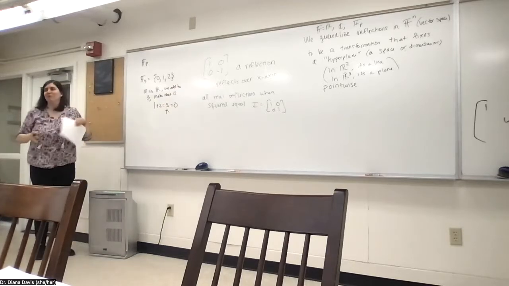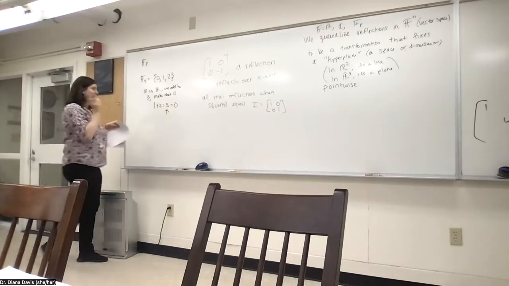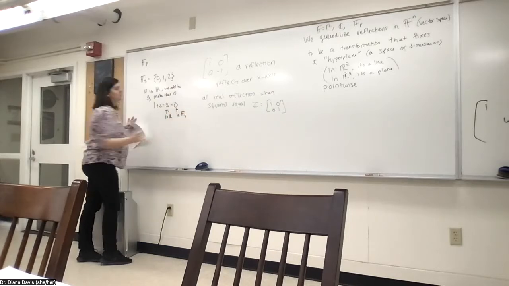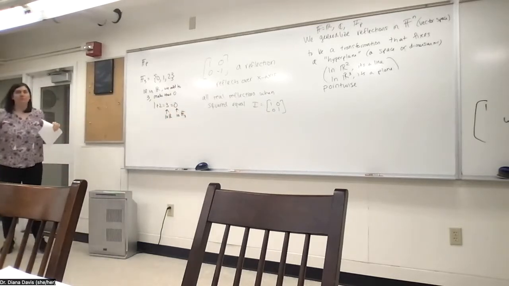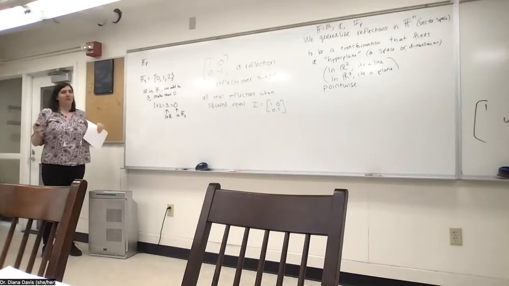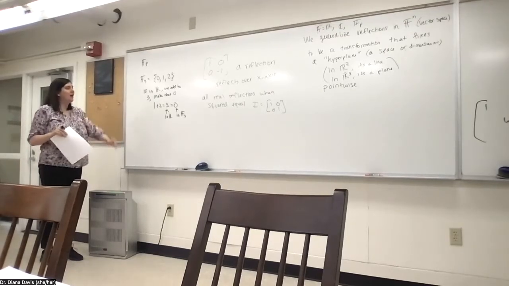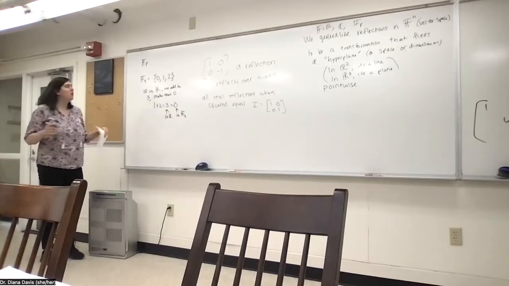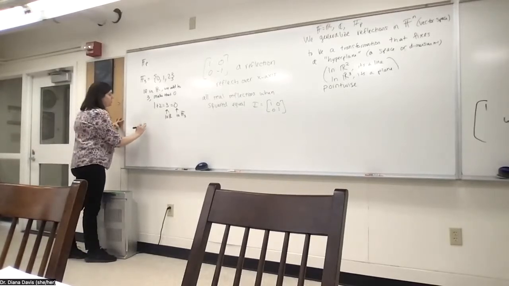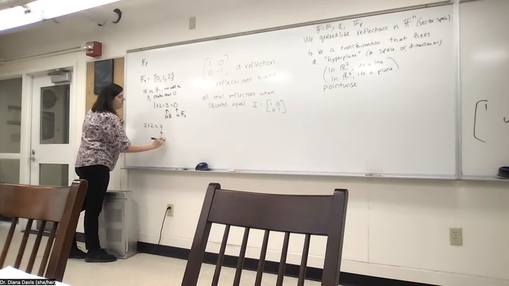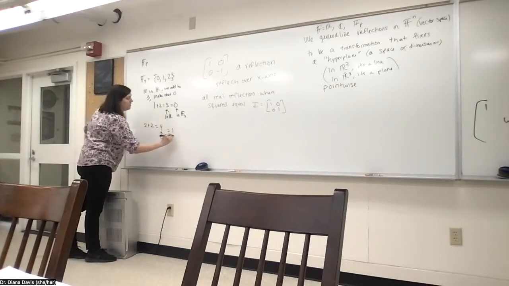I don't know that everyone knows what that is. So just take a remainder after dividing by 3, and that'll give you what it adds to. So if I wanted to do 2 plus 2, this is 4 in R, so it's going to be 1 in F_3.